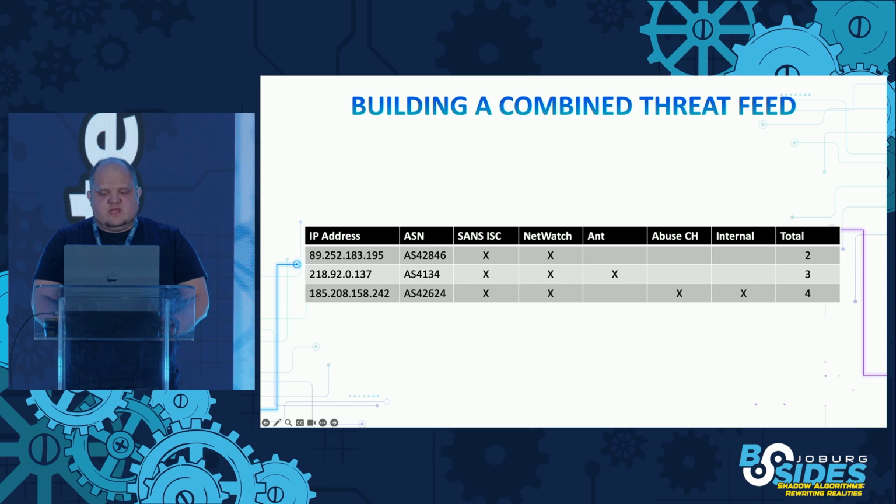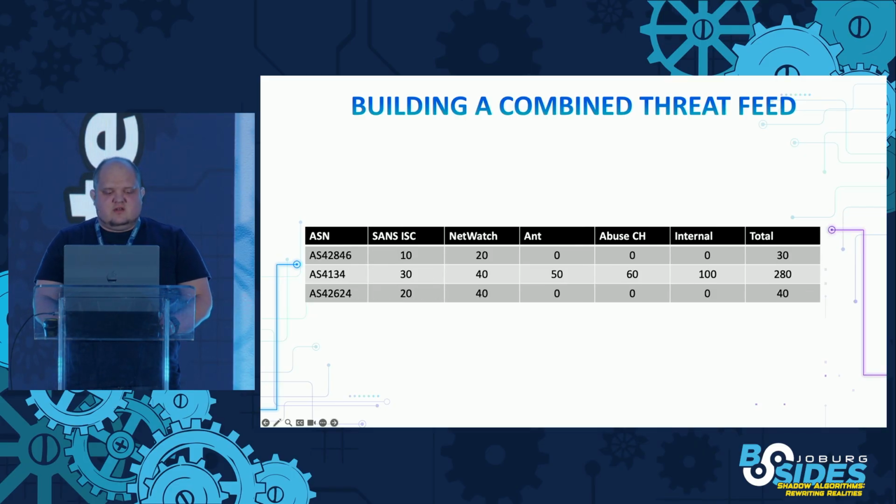We can look at how many threat feeds are reporting on a single IP address and maybe add some kind of scoring along with that. And then we can also look at it from an ASN perspective to see which ASN has the highest number of IP addresses that are performing malicious activity. And when you look at the data, you'll often see a lot of bulletproof hosting providers in these feeds.